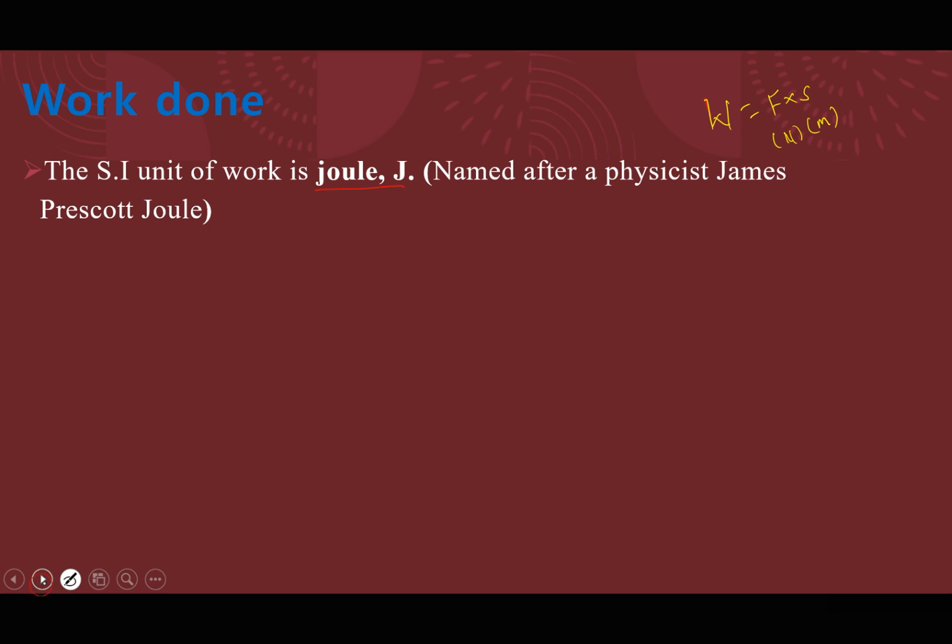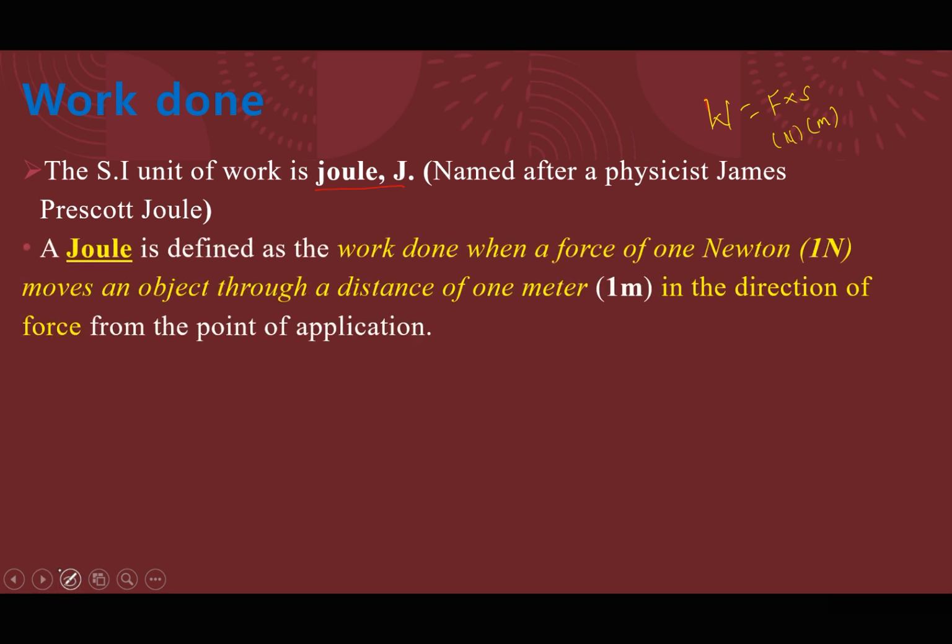A joule can be defined as the work done when a force of 1 Newton moves an object through a distance of 1 meter. Of course, this must happen in the direction of the force. That is the joule.